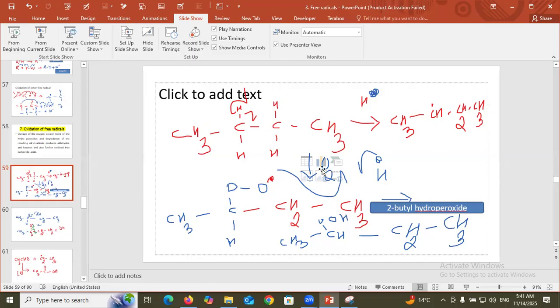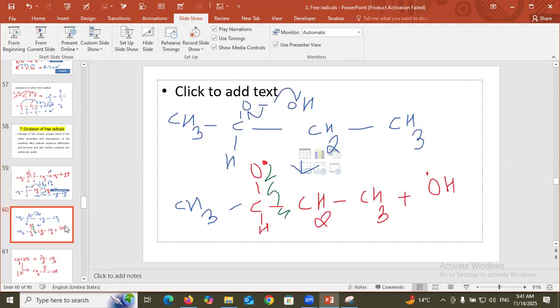Again it combines with oxygen, and this free radical combines with this hydrogen free radical and forms 2-butyl hydroperoxide. In the 2-butyl hydroperoxide, again this hydroxide free radical is removed and forms this free radical.